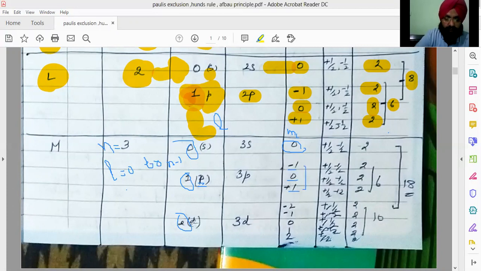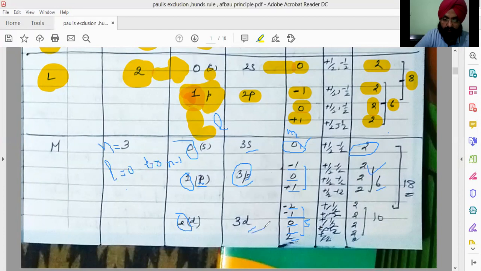And in case of L equal to 2, minus 2, minus 1, 0, plus 1, plus 2. So total 5 orbitals, 5 orientations. One orientation means one orbital. Now two electrons in one orbital. So only one orbital, 3s, with L equal to 0. Now L equal to 1, 3 orbitals, which are designated as 3p. So total electrons in 3p are 6.